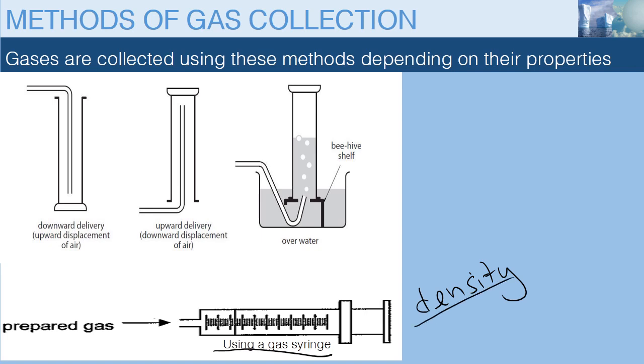Also, a syringe has the advantage of collecting a measured volume of gas. Some experiments would require you to measure the volume of gas produced as the reaction takes place. A syringe would be the best option.